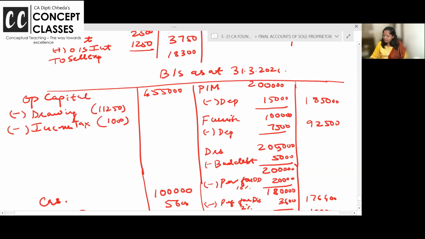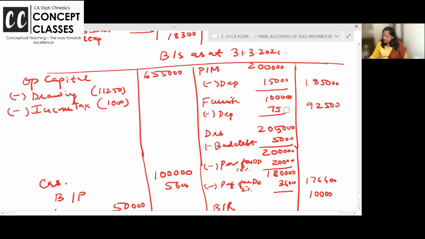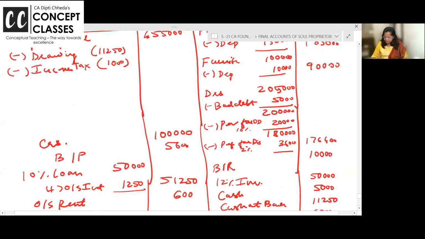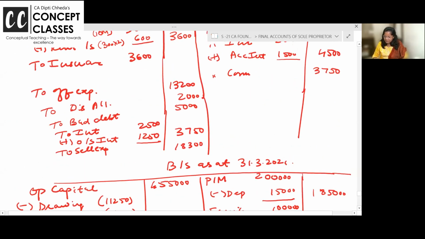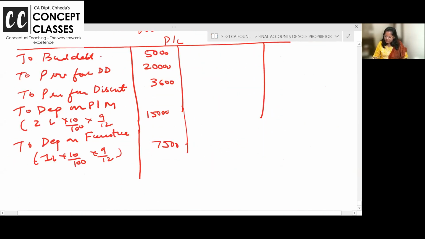Change करो इसको. 1 lakh 10,000, 90,000. And here in the P&L account also change it. It's not per annum, so we should not take it.